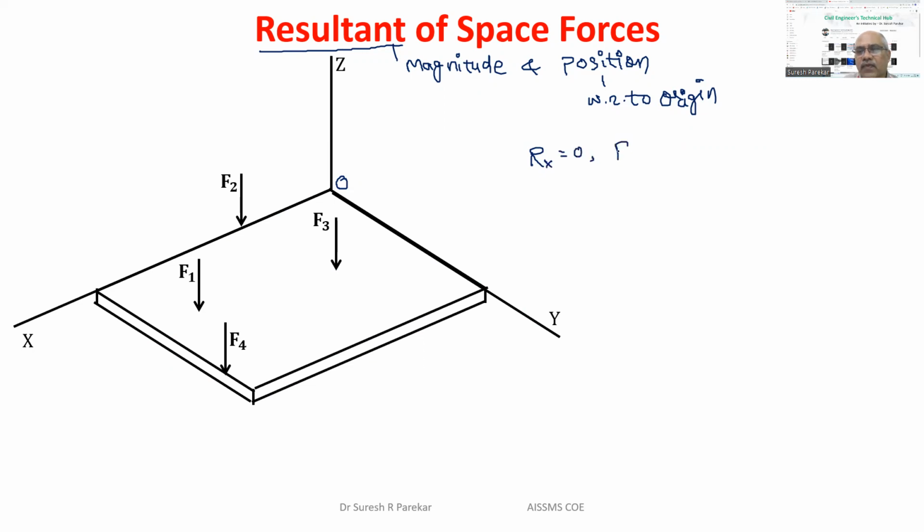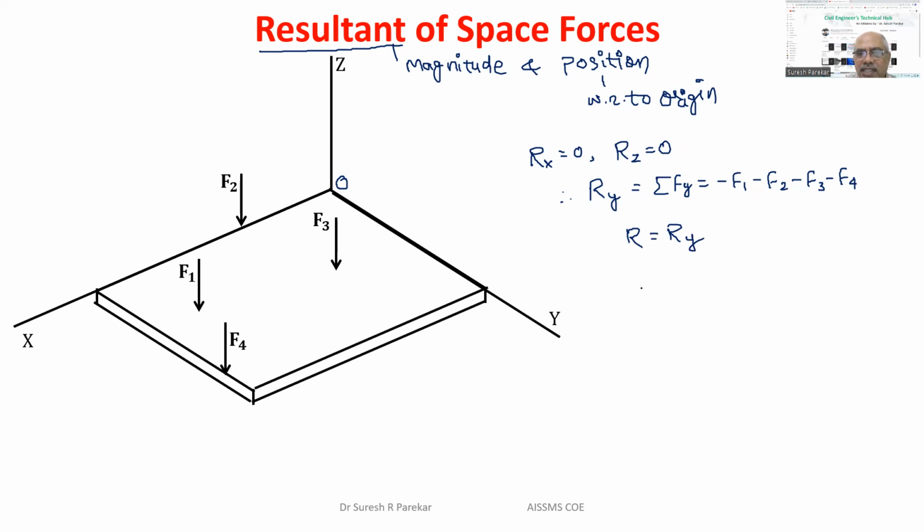We do not have any force in z direction, Rz is 0, and therefore we get Ry equal to summation Fy, that is equal to minus F1 minus F2 minus F3 and minus F4. Rx and Rz are 0, so R is equal to Ry, and that is the addition of these forces.